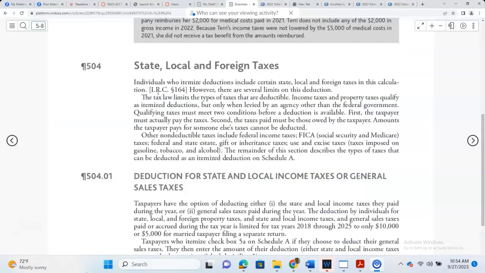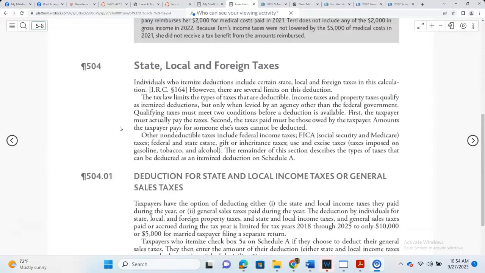State and local taxes, yes. Individuals who itemize deductions include certain state, local, and foreign taxes in the calculation. There is a limitation, of course, right? The $10,000, remember?